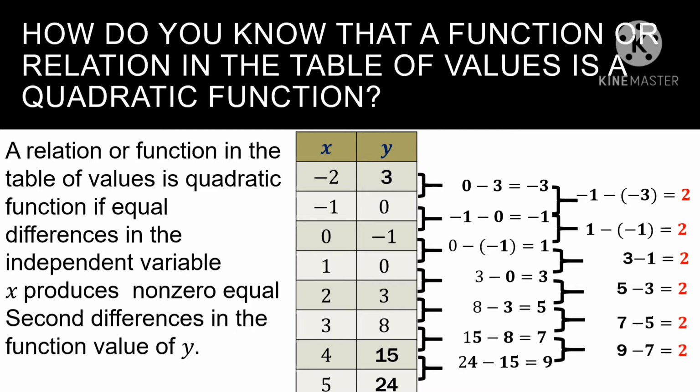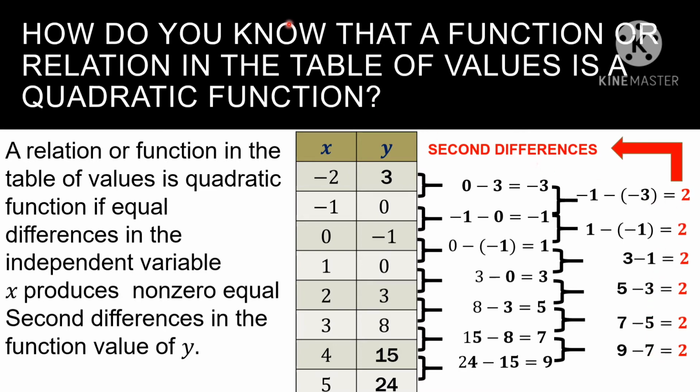In the second differences, yung pag minus natin, equal na. Equal yung second differences. So, therefore, the table of values na pinakita natin ay halimbawa ng tinatawag nating quadratic function. Bakit siya quadratic function? Kasi ang second differences niya ay equal.